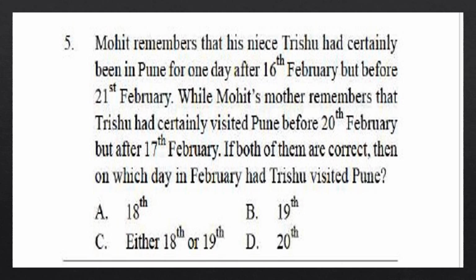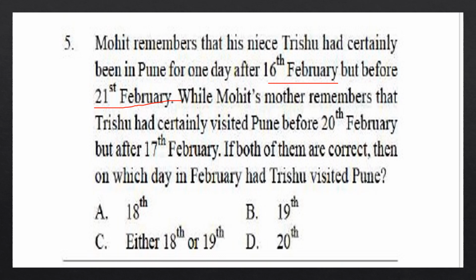Question number 5. Mohit remembers that his niece Trishu had certainly been in Pune for one day after 16th February, but before 21st February, while Mohit's mother remembers that Trishu had certainly visited Pune before 20th February, but after 17th February. If both of them are correct, then on which day in February had Trishu visited Pune? According to Mohit, it can be between 16th and 21st.